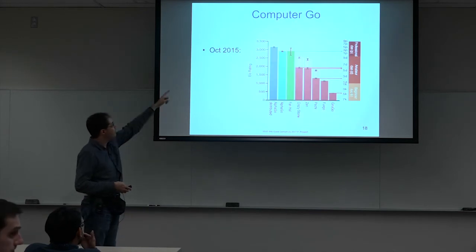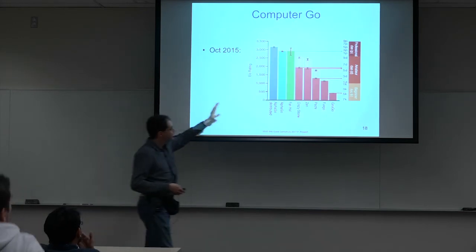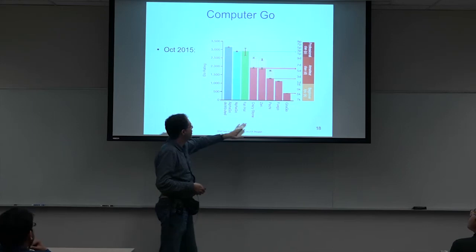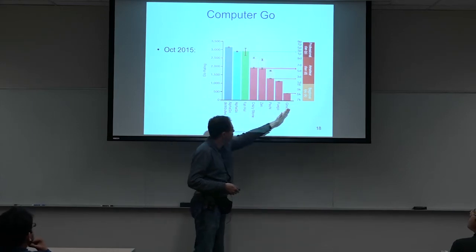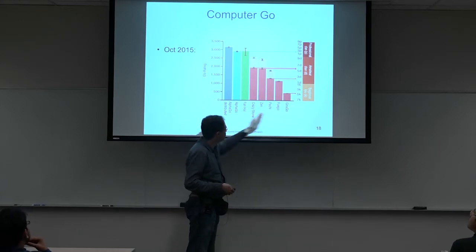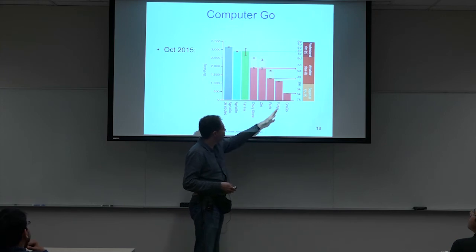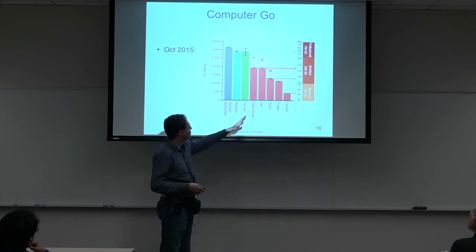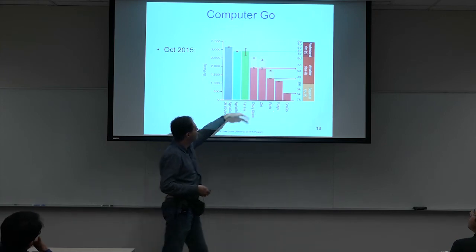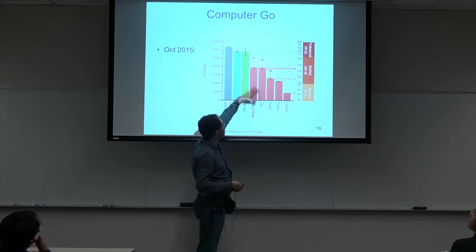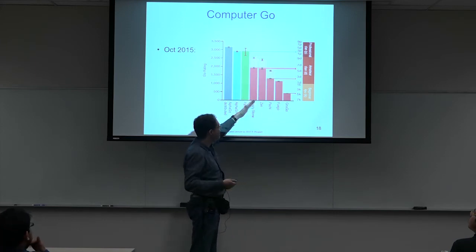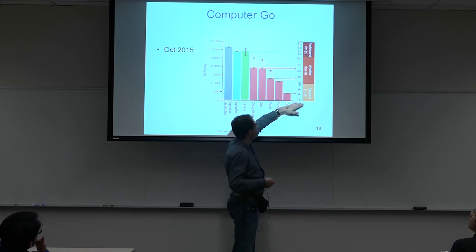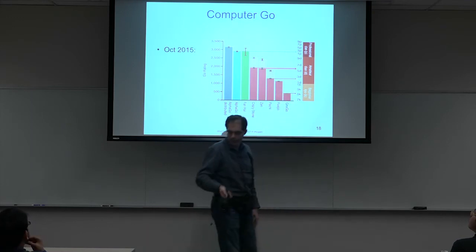So in 2015, the state of the art was a bunch of computer programs to play Go: GNU Go, Fuego, Pachi, Zen, Crazy Stone. They achieved a performance that was okay, in the sense that in some cases they would beat beginners and they could match some amateurs.